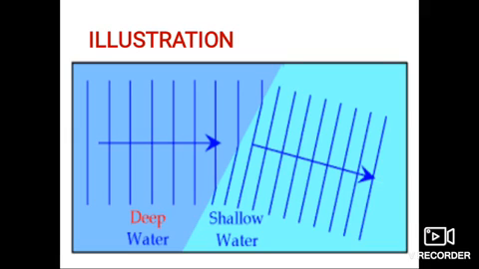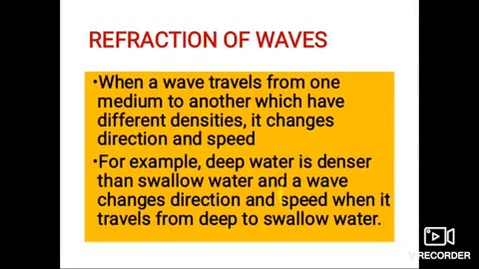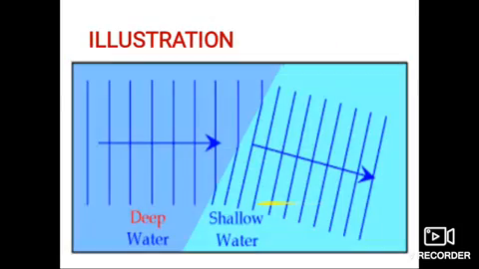So when water waves move from deep water to shallow water, they change direction and speed. And this is because deep water and shallow water have different densities.